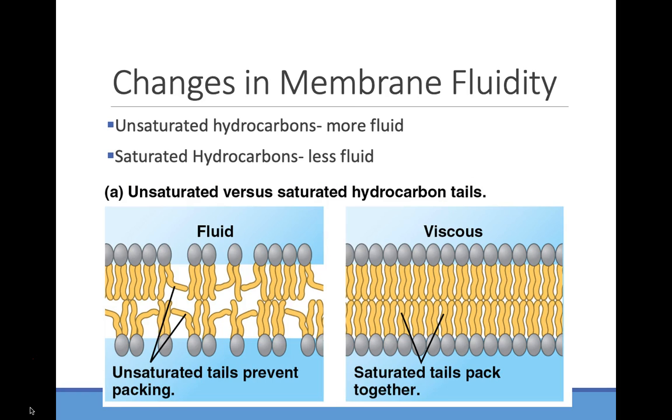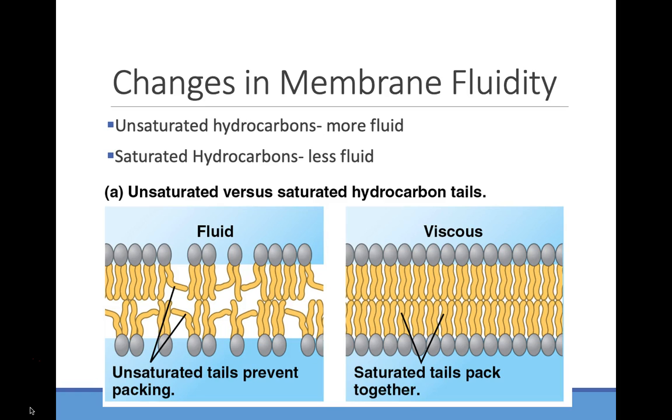One of the really important characteristics of a membrane is that they can change in fluidity. So fluidity just means the ability to flow, and that is due to the presence of unsaturated or saturated hydrocarbons. So just like other fats, your phospholipids can be unsaturated. And remember that unsaturated fats have a kink in them that keeps them from packing tightly.